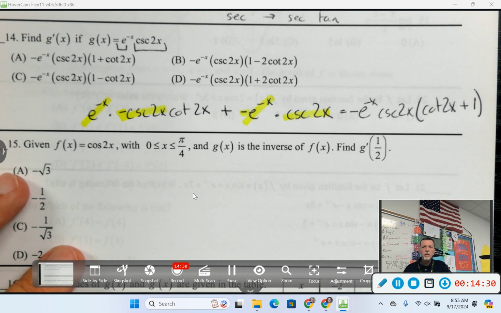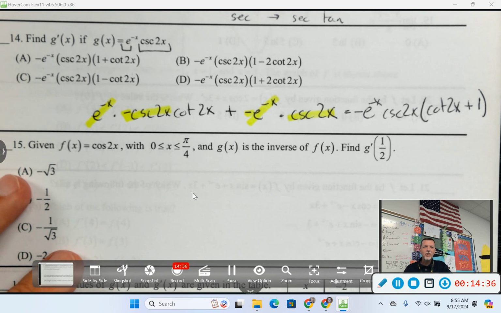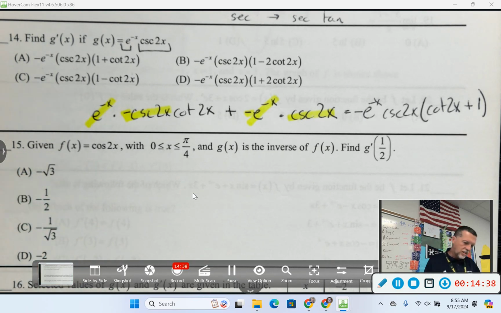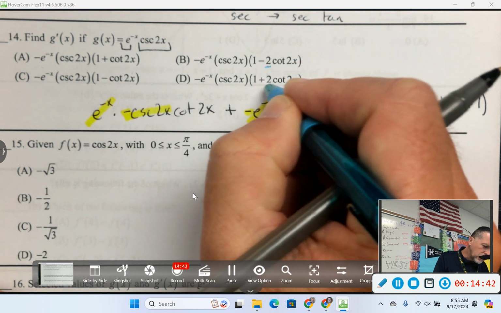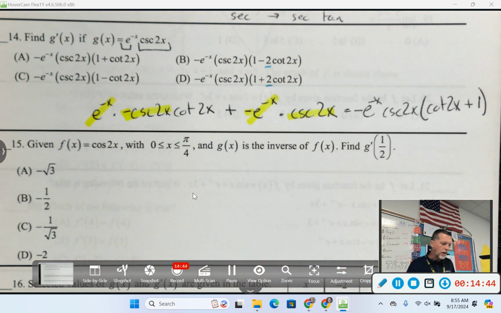So 1 plus, I messed something up, I think. Looking at my answer choices, some of them have a 2 in there, and I don't. So did I mess that up?